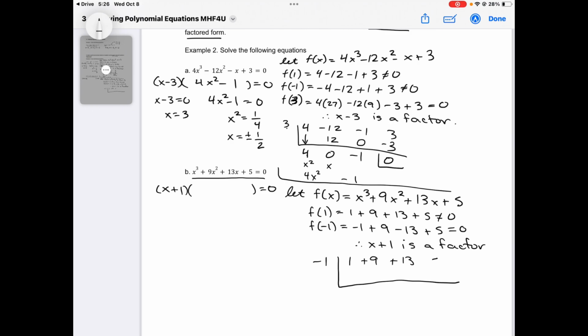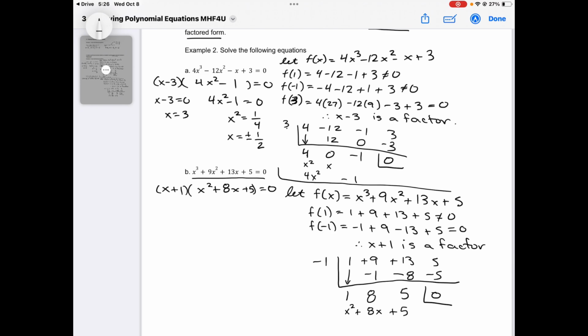So I put my coefficients across, and I'm going to apply synthetic division, which gets me 0, which confirms that I had the right factor. Then I have x squared plus 8x plus 5 as my quotient when I perform that division. That is the something that I put in here.